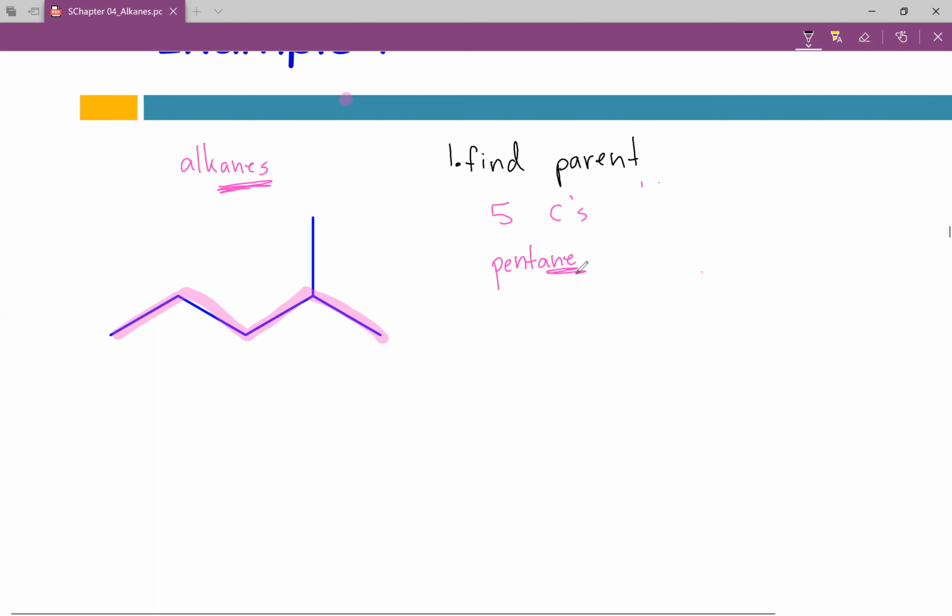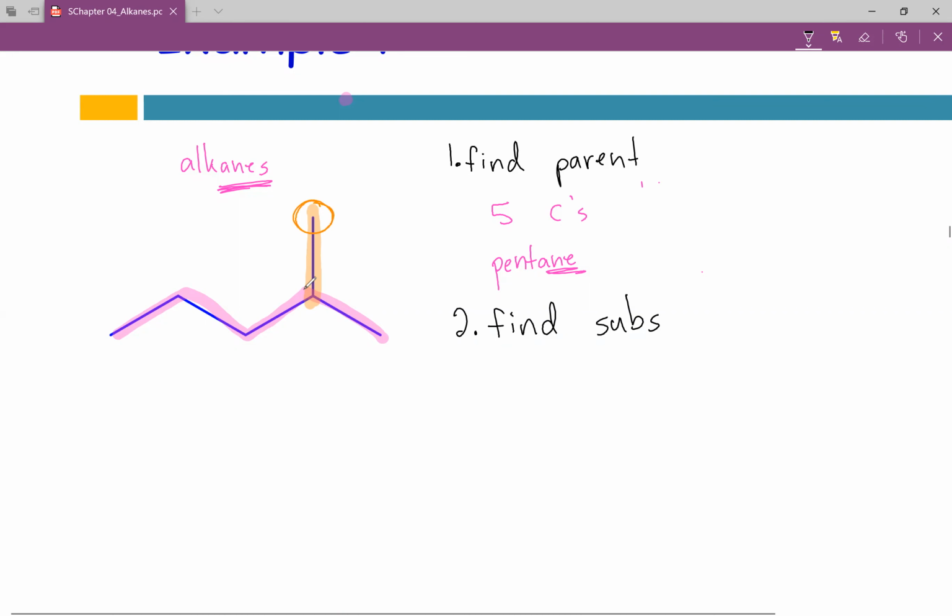Okay? And so the next thing that I want to do is find my substituents. So I'm going to put find subs. What I do there is highlight what is coming off of that parent chain. In this case, it would be this guy right here. So I found my substituent. It is a 1 carbon substituent. Notice how I did not say it's 2 carbons, and that is because we start numbering on the carbon off of the parent chain.